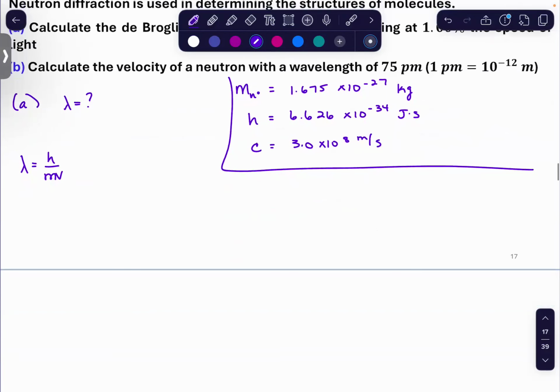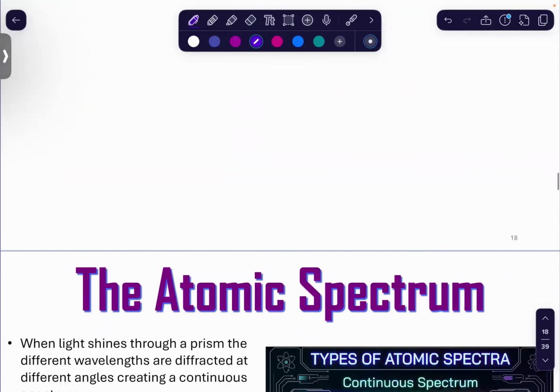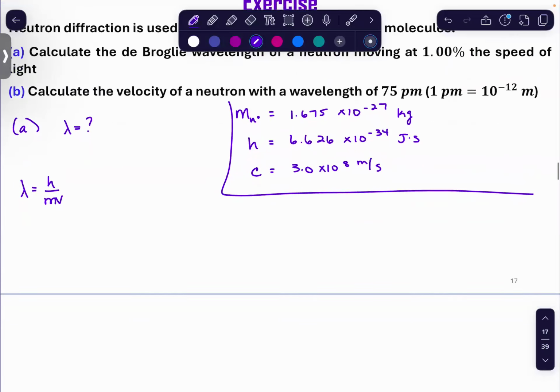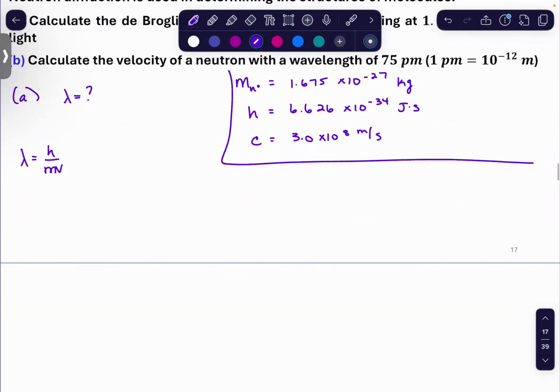So that means, oh, I didn't give myself a ton of room. Okay. So our velocity is 1% c.